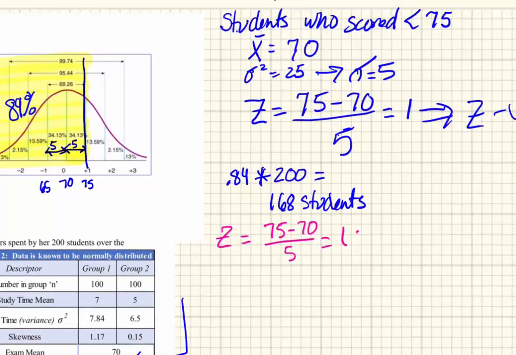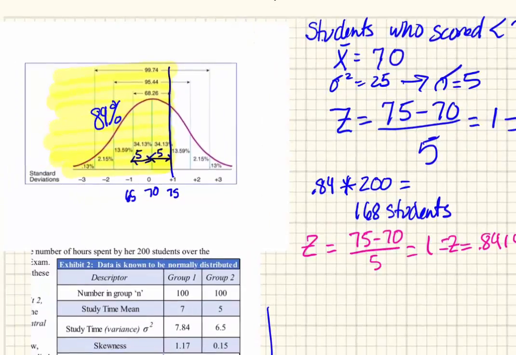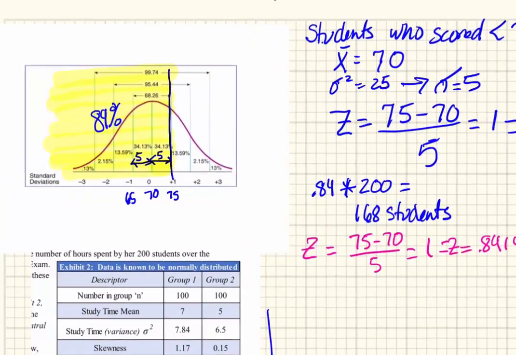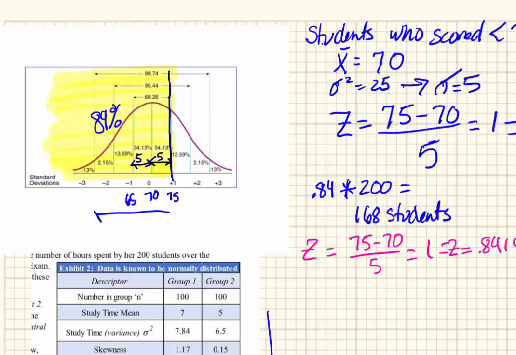When we look that number up on the z-chart, we're still going to get 0.8414. But this time we're going to know that I'm asking you for 75 and beyond. So what I'm interested in is no longer what's to the left of 75, because in the last question I was interested in what was to the left of 75, but in this question I'm interested in what is to the right of 75.